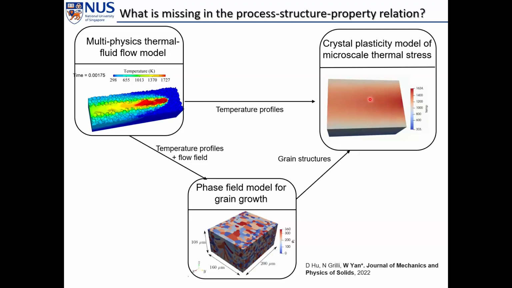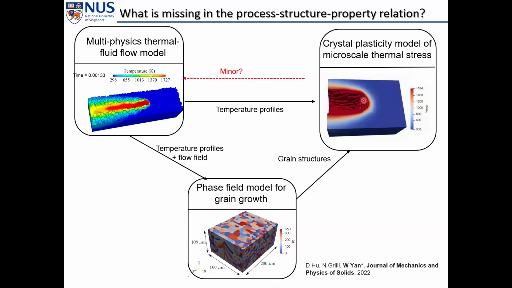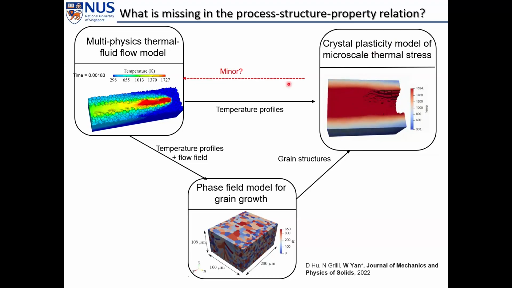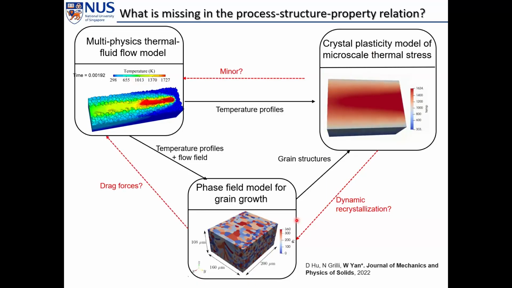So that's basically our current model, but some reflections: maybe it should be bidirectional coupling. So from here to here, maybe it's minor, but from this thermal stress to grain evolution, there are more questions to answer. And then also the grain growth may also influence the melt pool flow. So I will just stop here. Thanks.